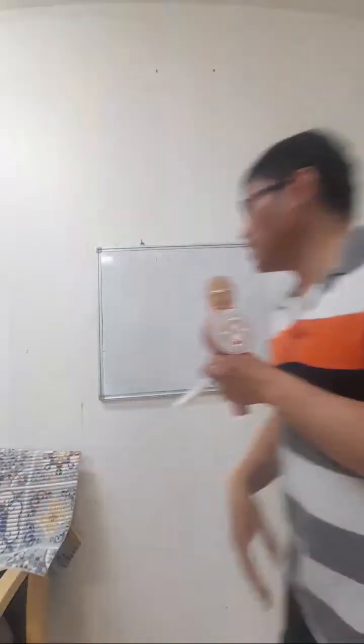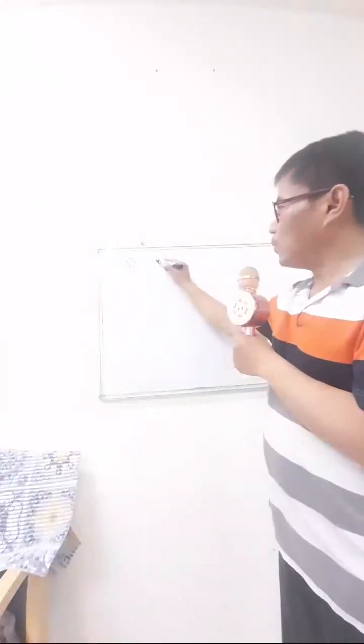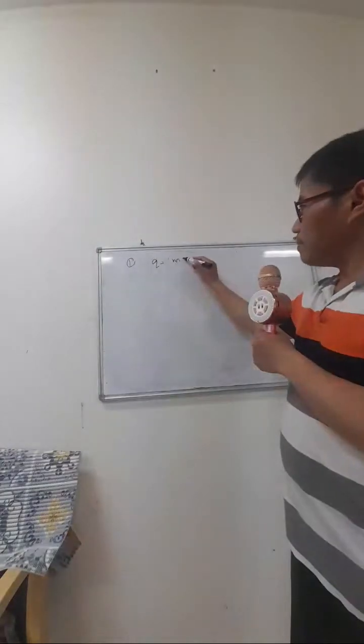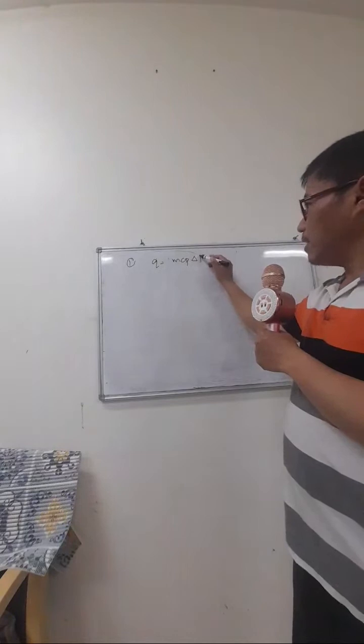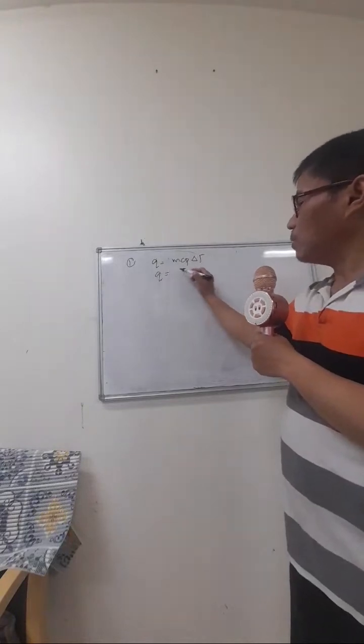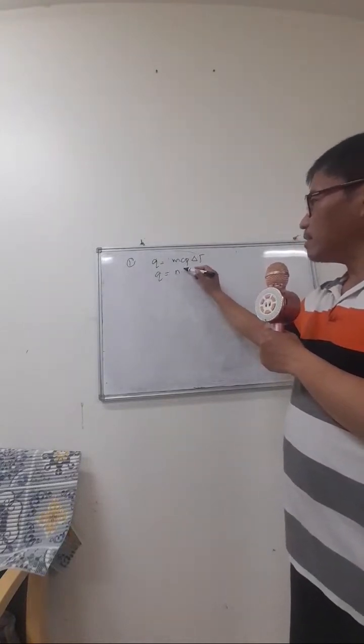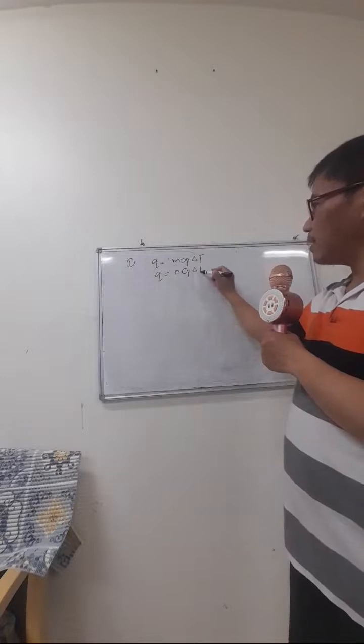So now we will have two formulas of heat. We have Q is equal to mCpΔT, and we also have Q is equal to, take note, nCpΔT. So how can you use the two?